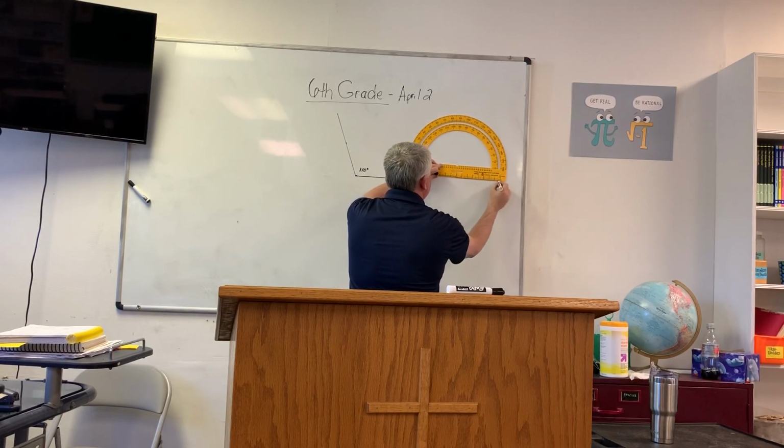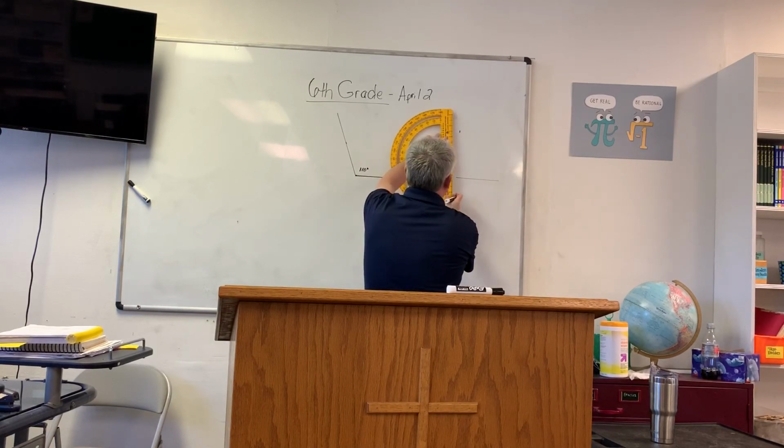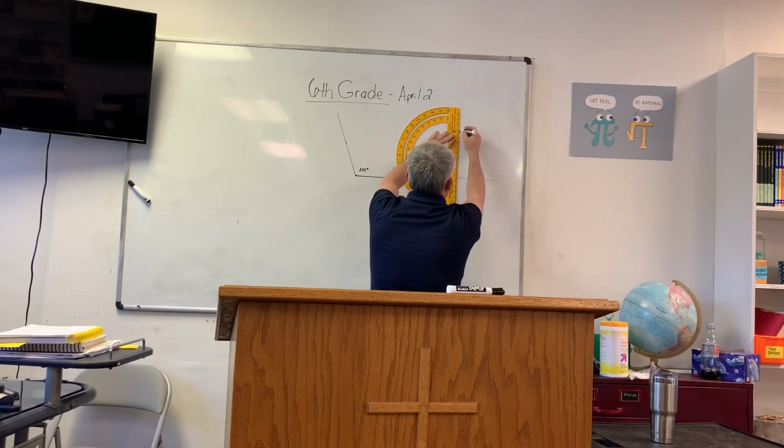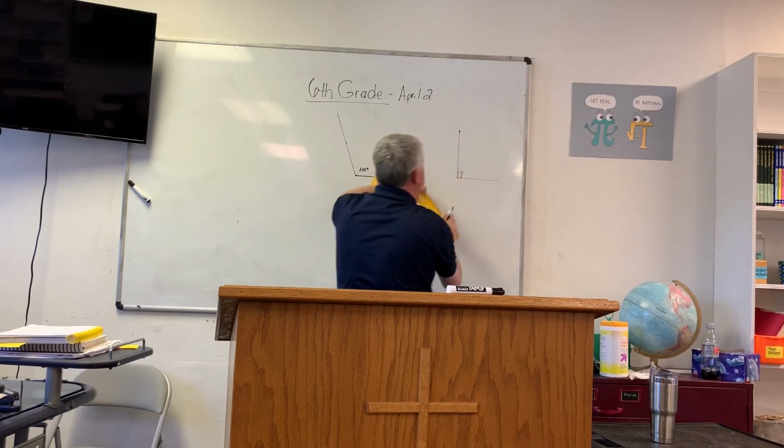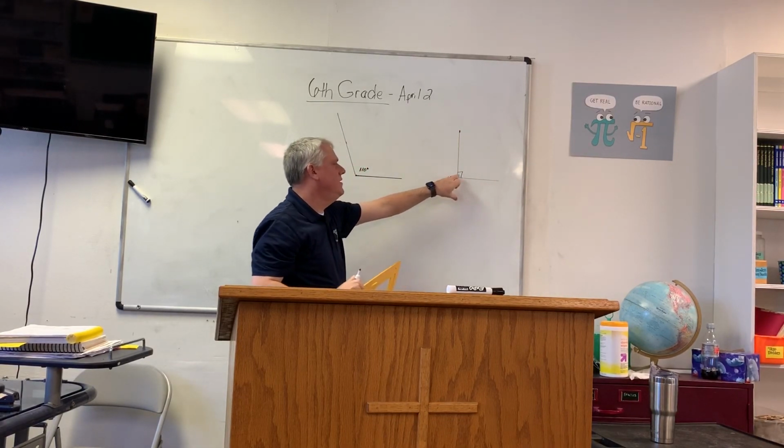So I draw a straight edge here, and if I go around to 90, okay, you notice a 90-degree angle, perfectly straight here. Perfectly straight, and it's always designated with this little square.